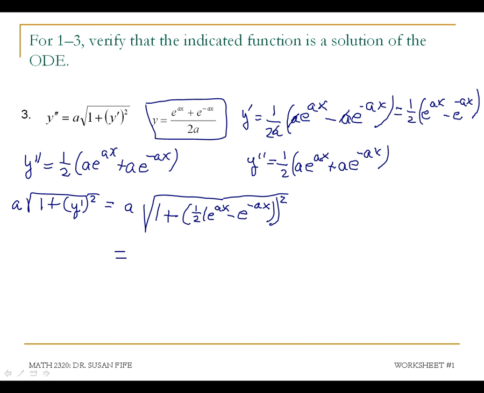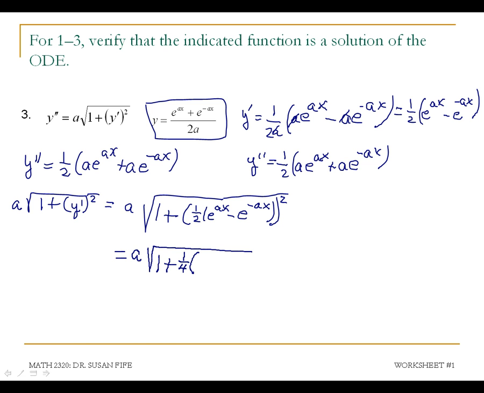But here we want to show that the right side of the equation is equal to the left side. And the left side is just our second derivative. So we want to simplify the right side. I want to start by squaring everything inside this larger set of parentheses. My a is still here, and I've got 1 plus, here I want to square my 1/2. That'll give me 1/4.